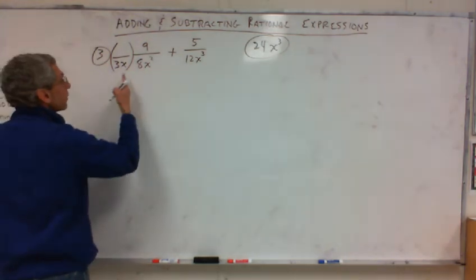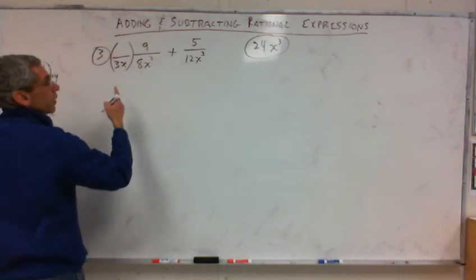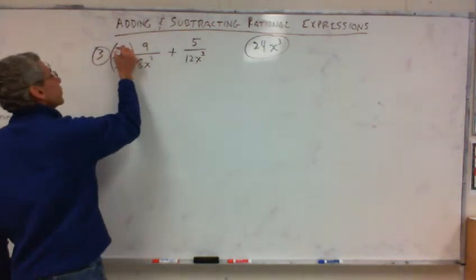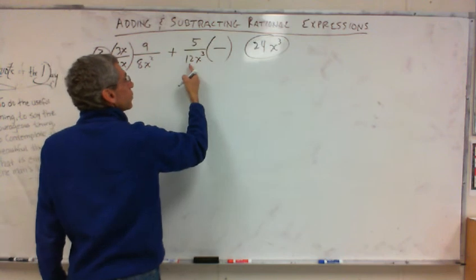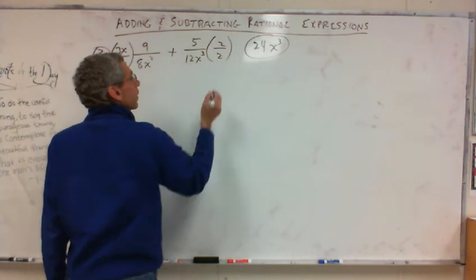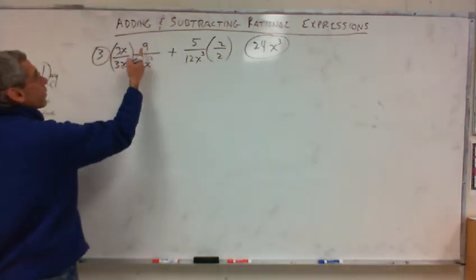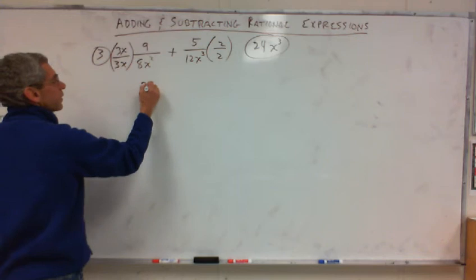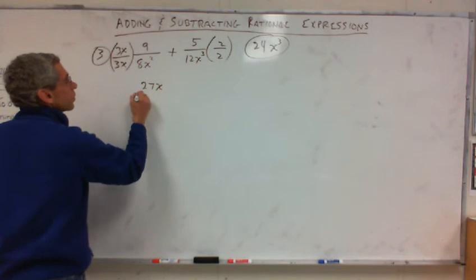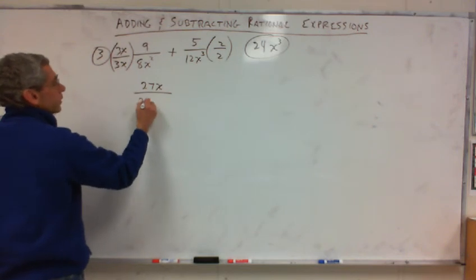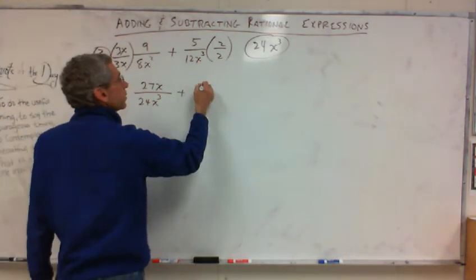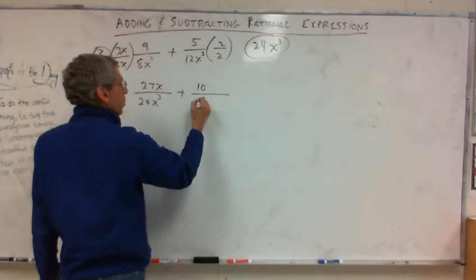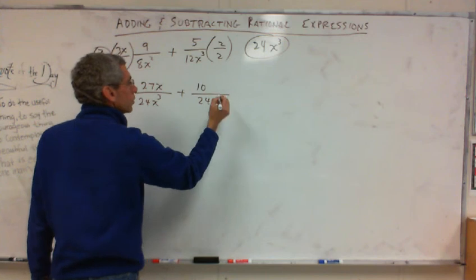So that's going to give me 24x cubed, all right? So I got to put a 3x here too. This, all I need to do is multiply this times 2, right? All right? So now I'm going to multiply it out. 9 times 3x is 27x over 24x cubed plus 10. 5 times 2 is 10 over 24x cubed.